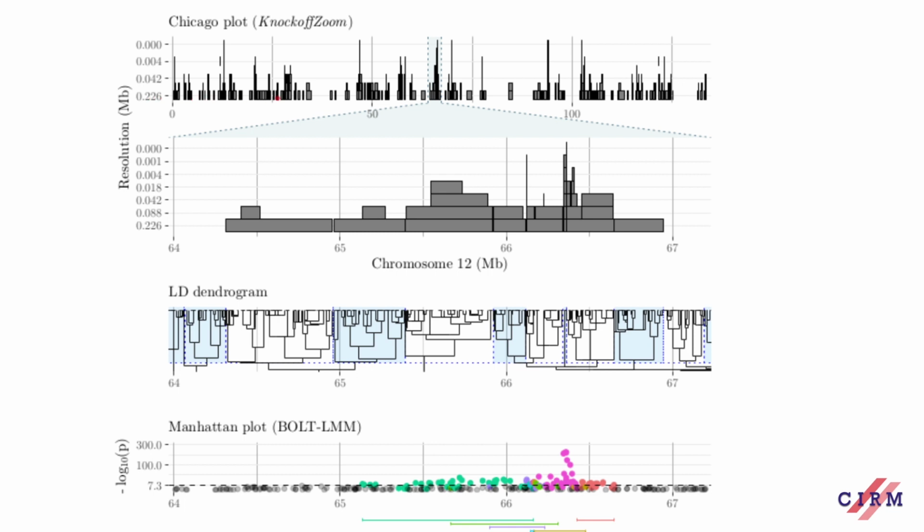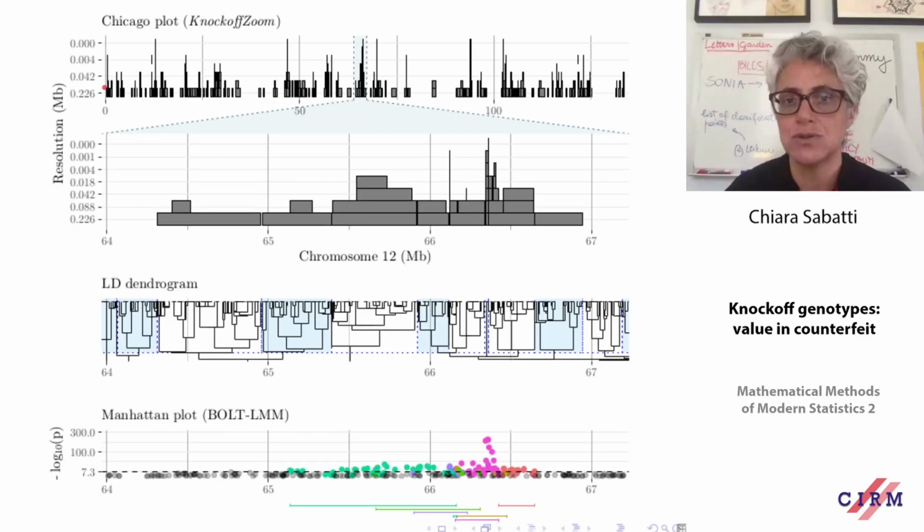At the bottom, you have the coarsest resolution, and a box is drawn for every group of SNPs that has been selected as significant. And then as you increase, you have boxes corresponding to a higher resolution, and so on and so forth.